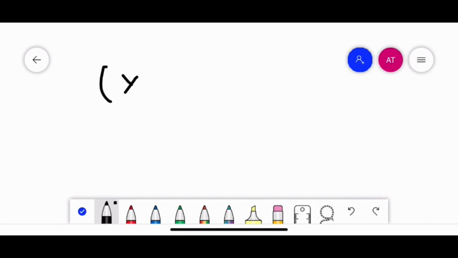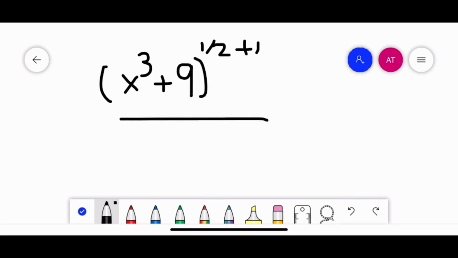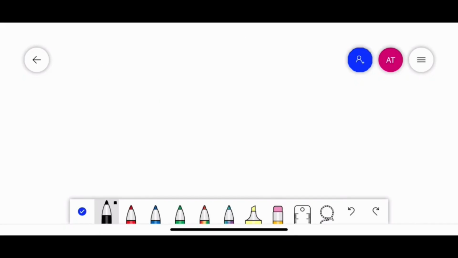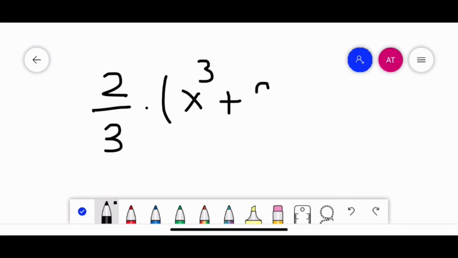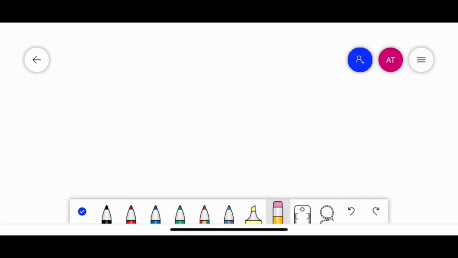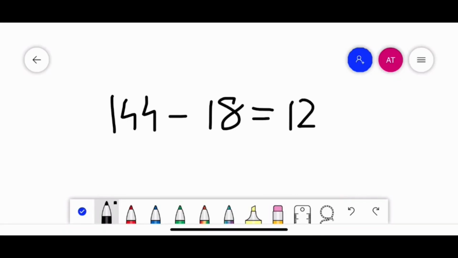If we integrate that, it becomes x cubed plus 9 to the power of half plus 1, over half plus 1, which is 3 over 2. Simplified, this becomes 2 over 3 times x cubed plus 9 to the power of 3 over 2, going from 3 to 0. Then when we simplify it, it becomes 144 minus 18, which is equal to 126.